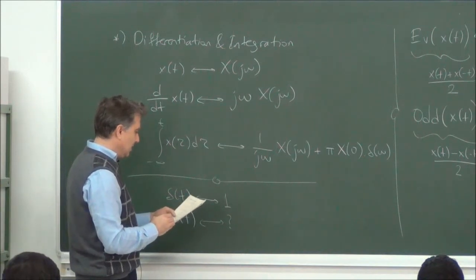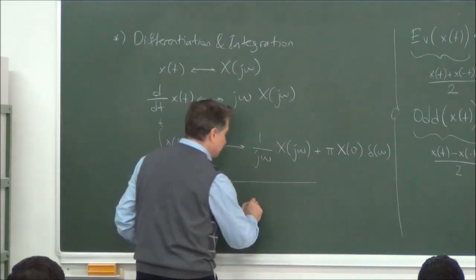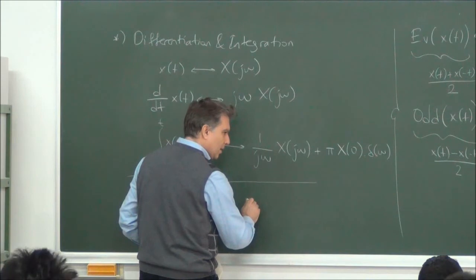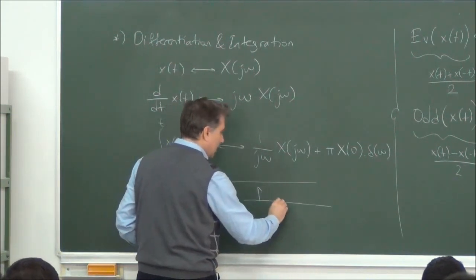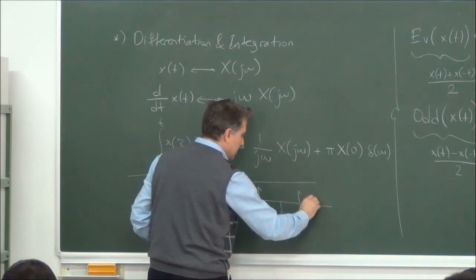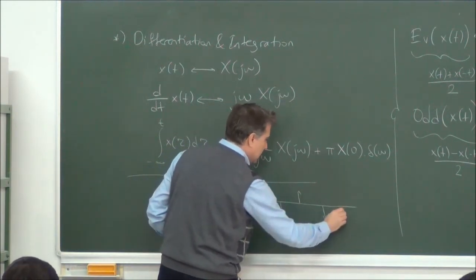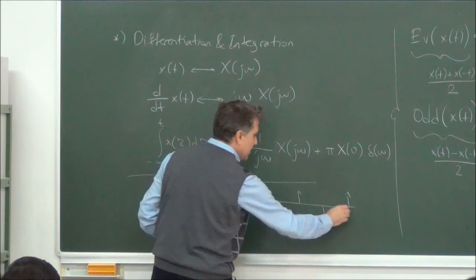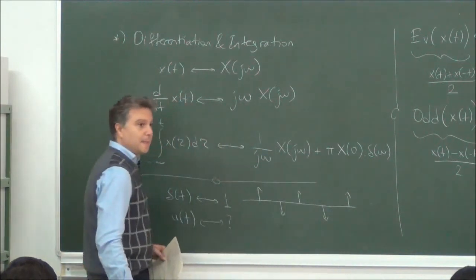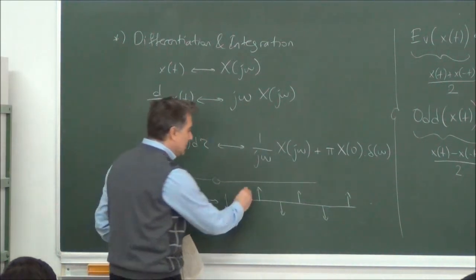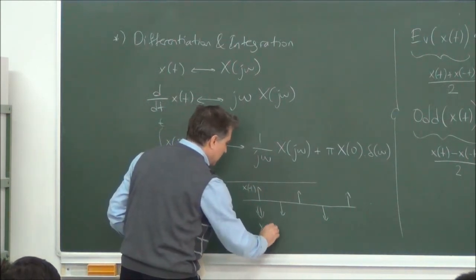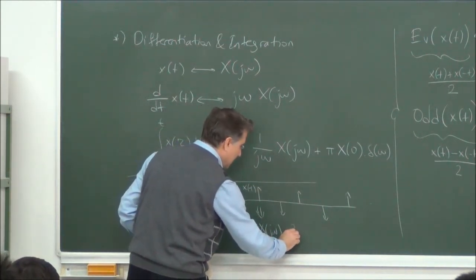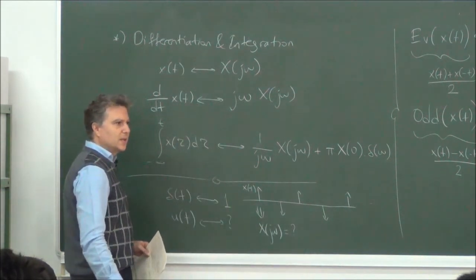And what other types of questions? For example, suppose that you have this kind of a periodic signal. This is x of t. The question is, what is X of j omega? What's the Fourier transform of that?